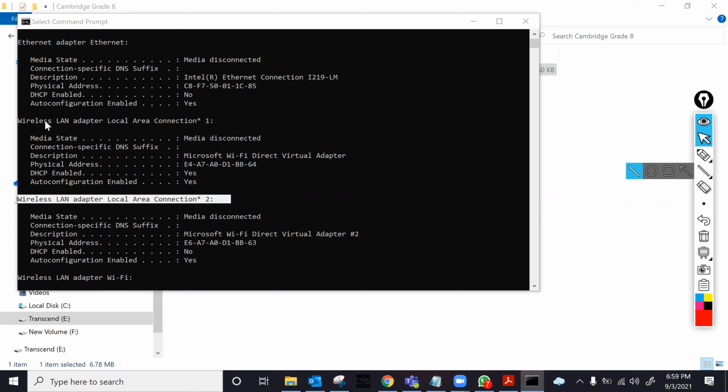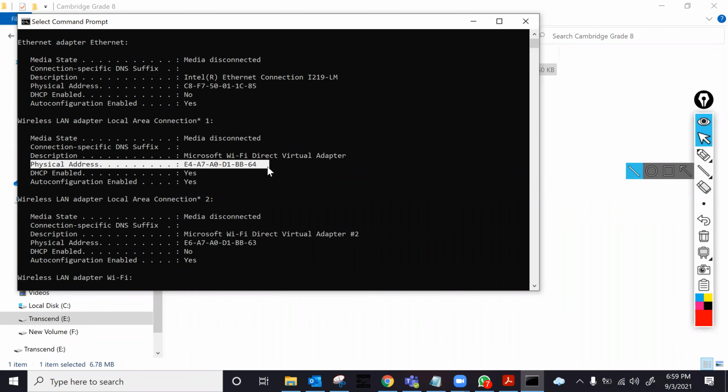It's showing wireless LAN adapter local area. Very good. Check the physical address. Physical address 74D43511D542. That's the address. That's the MAC address. Okay, sir. So this is the MAC address.